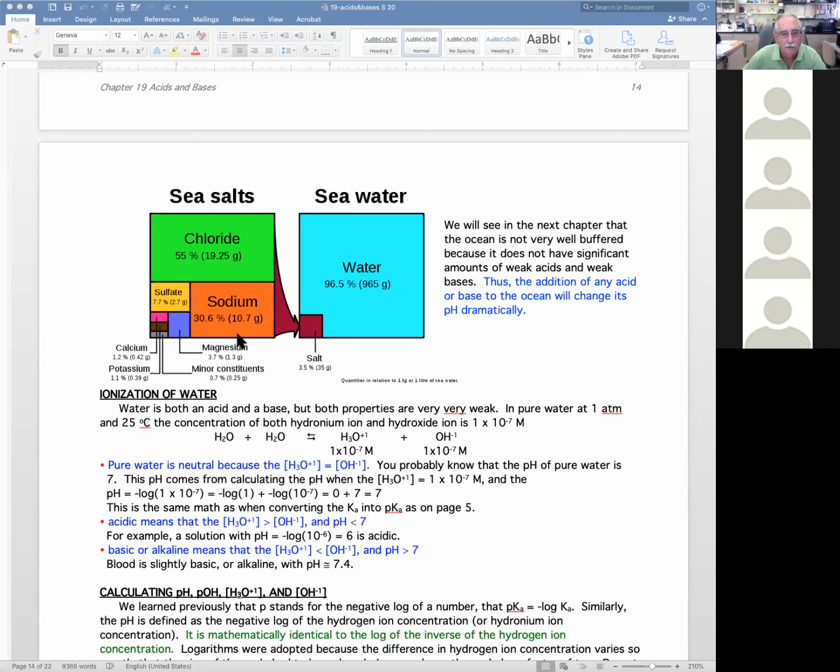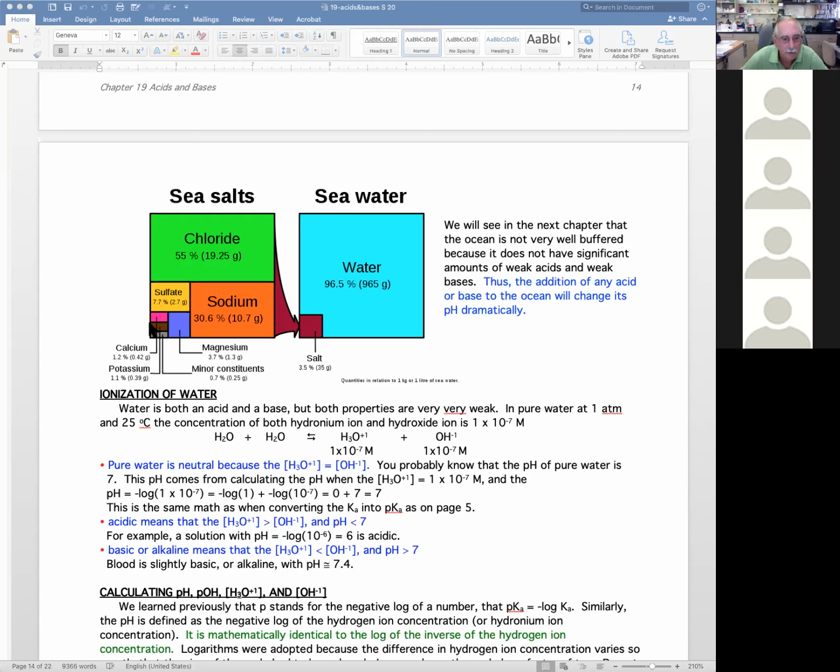By the way, where do you think that sulfate came from? I would say mostly volcanic action. Volcanic action produces sulfur dioxide, sulfur trioxide. Those react with water to form sulfurous acid and sulfuric acids. Those wash out of the water down through the rain and into the water. That's where we get our sulfate from.